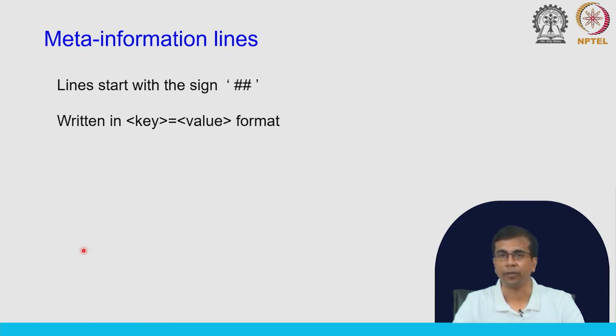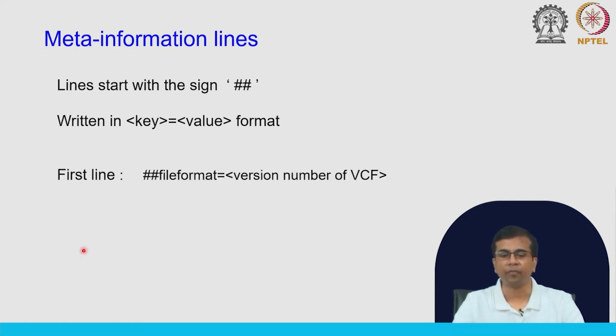Means the key will have some name and then the value will be a certain value. The first line usually is file format equals to the version number of VCF, which version we are working with, because they are updated and there are minor modifications in the format.